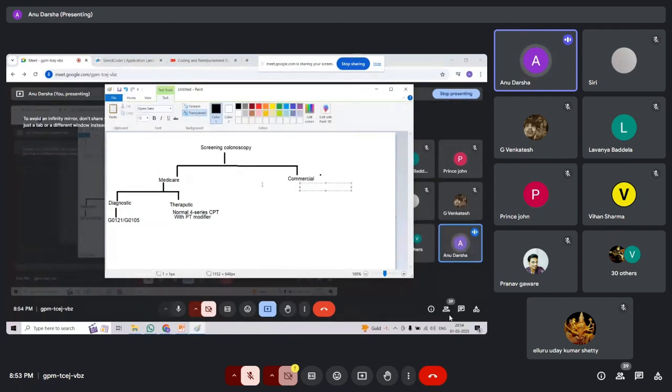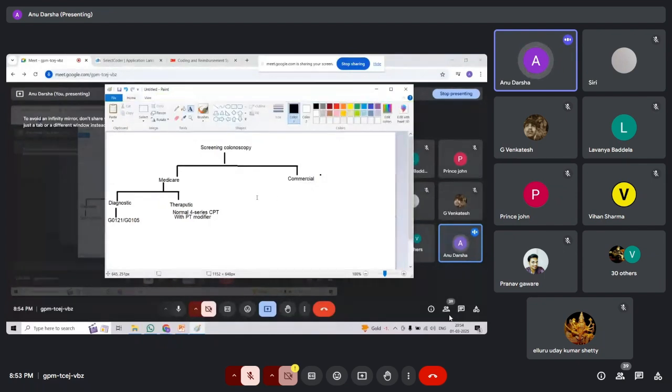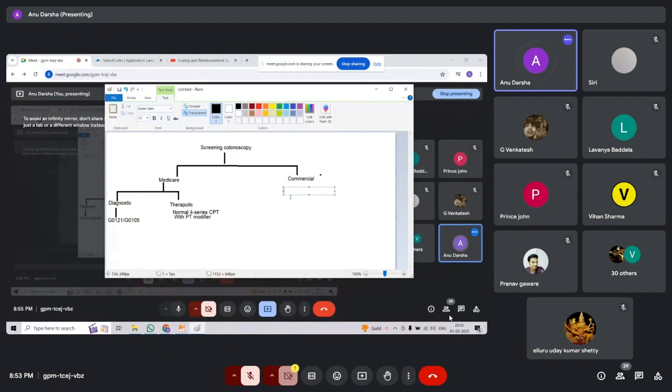For commercial, we do not have any such distinction, whether it is diagnostic or therapeutic. You have only one thing: normal 4 series CPTs only you have to use, with the 33 modifier.